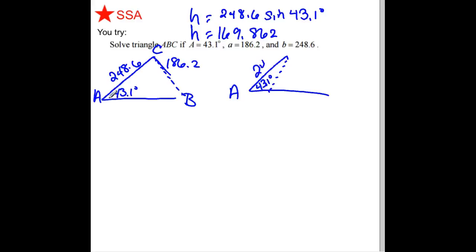This is still 248.6, and this side is 186.2. Okay, but we are going to have two different angles. So I'm going to call that B1, and I'm going to call this B2. This then will be C1, C2, little c1, little c2.